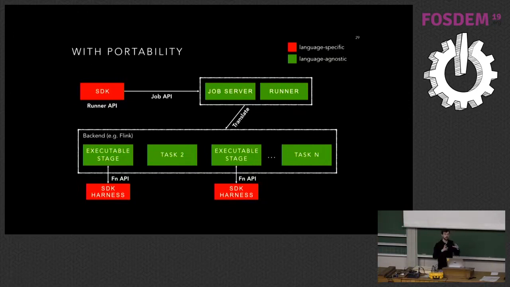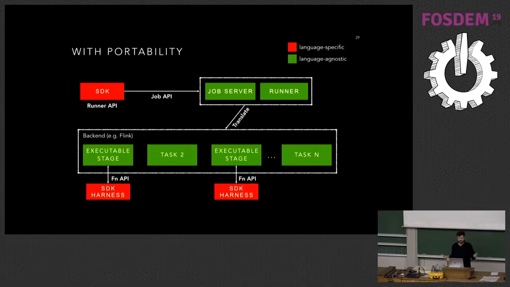The job server is really a Beam concept now. It used to be that every execution engine had its own way of submitting applications, but we wanted to get everything portable, so we created the job server. In the job server, the runner translates this runner API pipeline and then executes it on the engine of your choice. But, of course, we have these Python blobs or Go blobs in between, which we don't really understand.